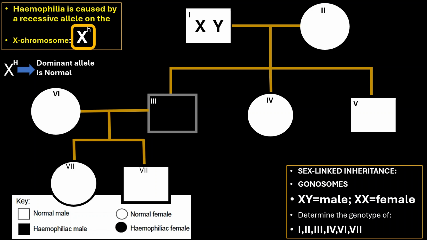All right, so we have to fix the gender for all of them. This male, male, male, male. And now we need to use the key to determine, because a male can carry only one X. So a male can either be normal or hemophilic.